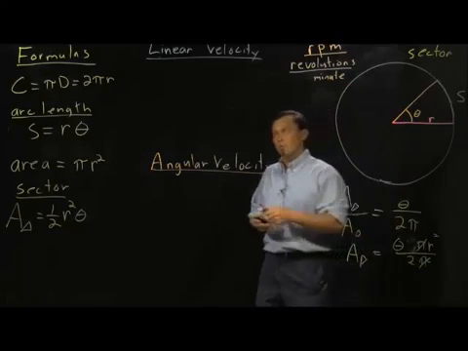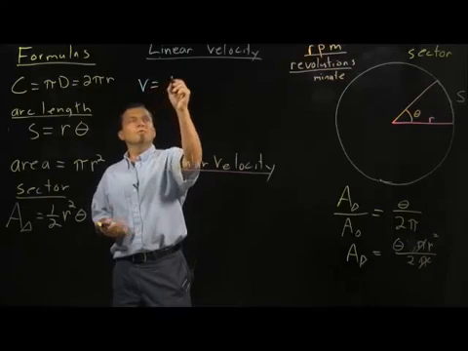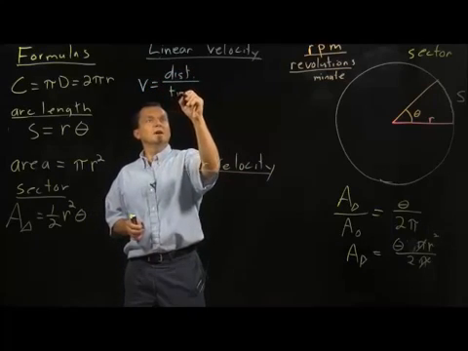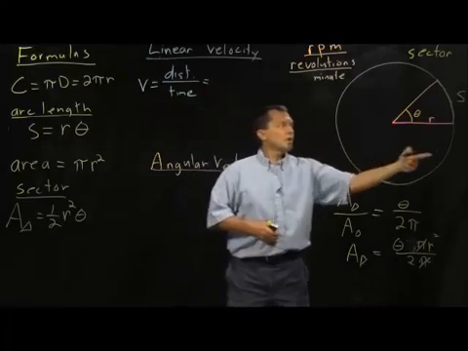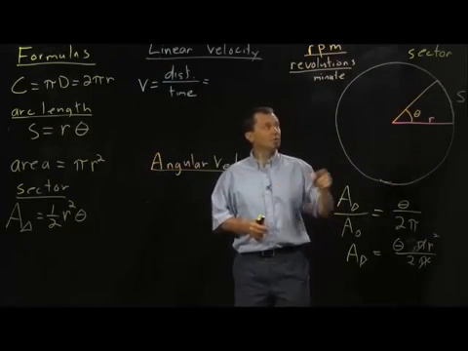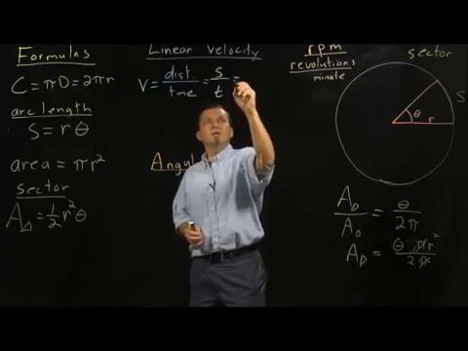So we think about linear velocity as distance divided by time. As you're traveling around the circle, that's a distance s divided by time.